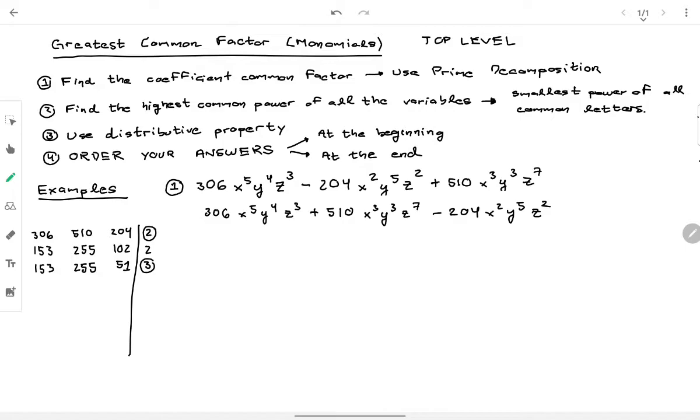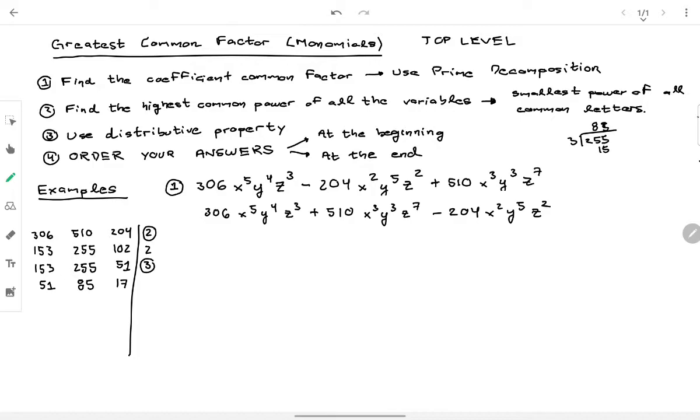So let's see. The first one will be 51. The second one is going to be 255 over 3. It will be 85. And finally, 51 divided by 3 is 17.